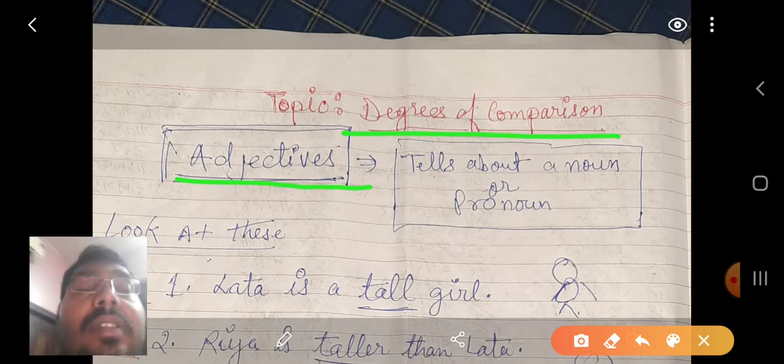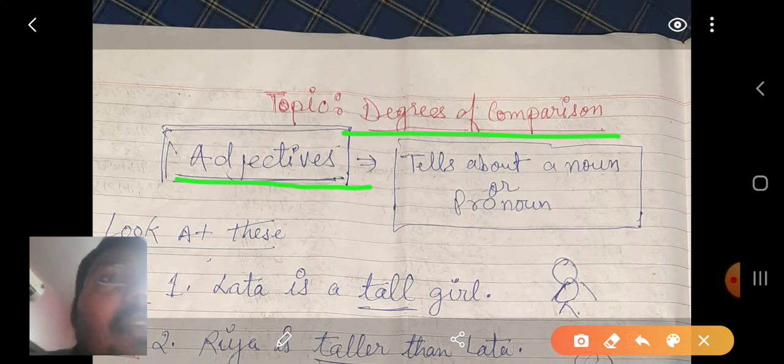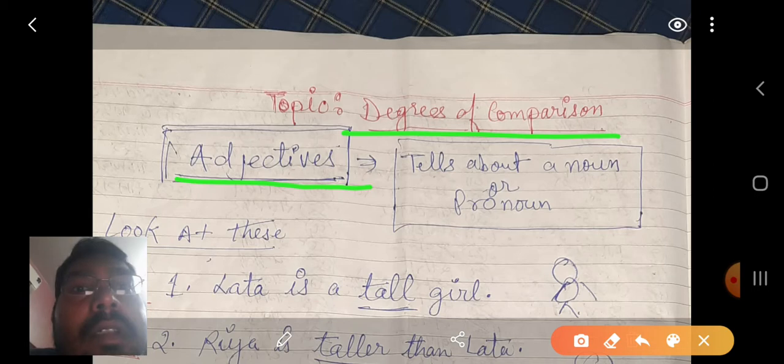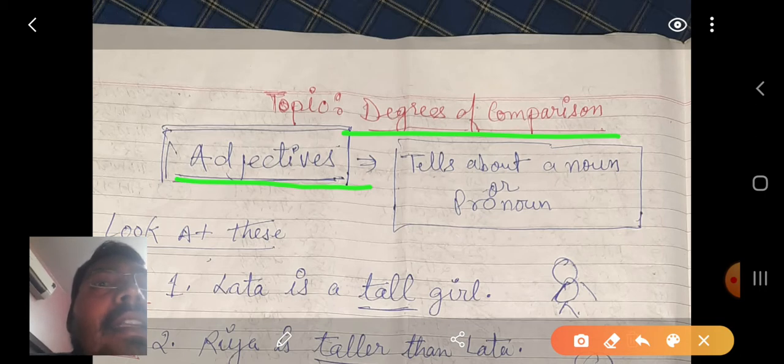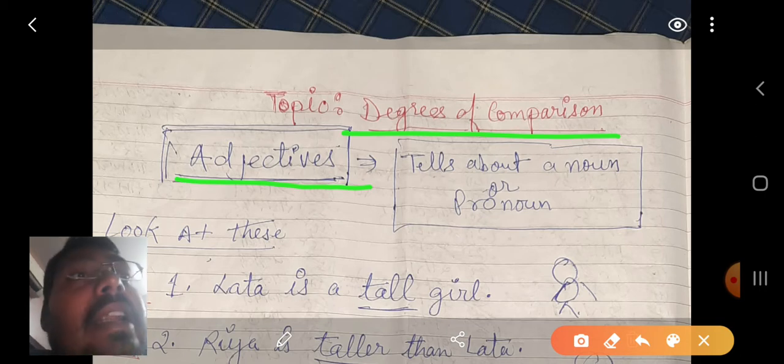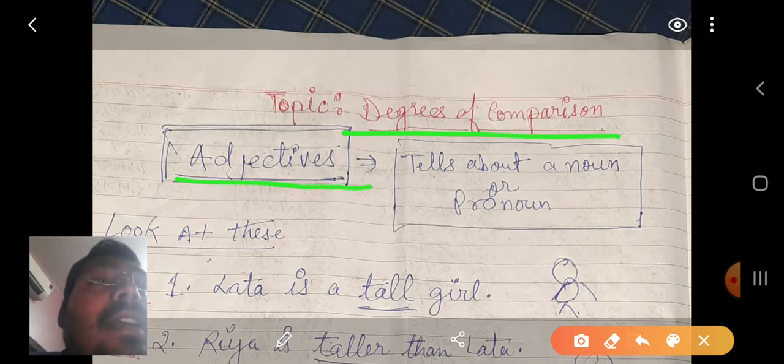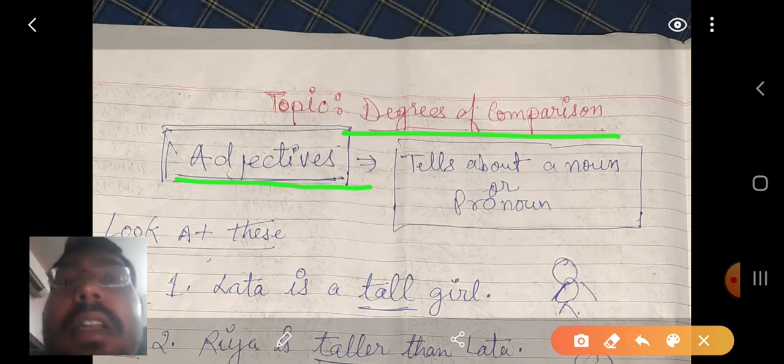What are adjectives? We have read in earlier classes that adjectives are the words that tell us about a noun or a pronoun. If I say there is a boy, and then I say it is a tall boy or a small boy, the word tall or small tells about the quality of the boy, how the boy actually is. So these are the words that tell you about a noun or pronoun.